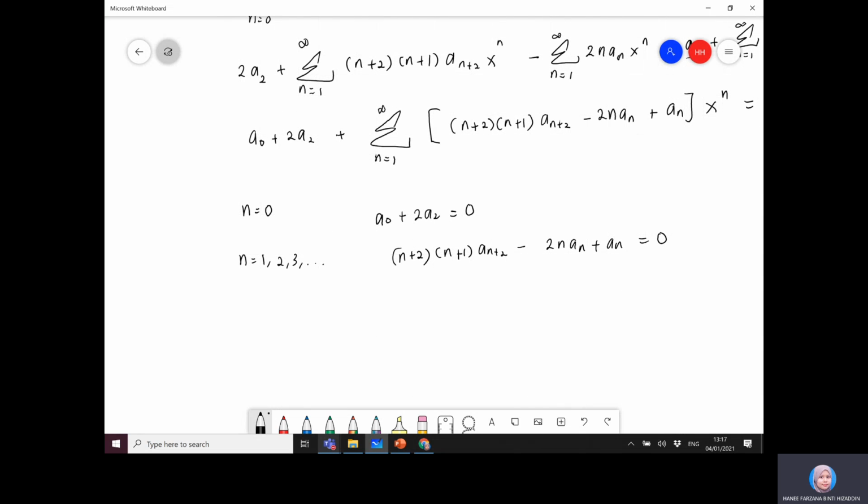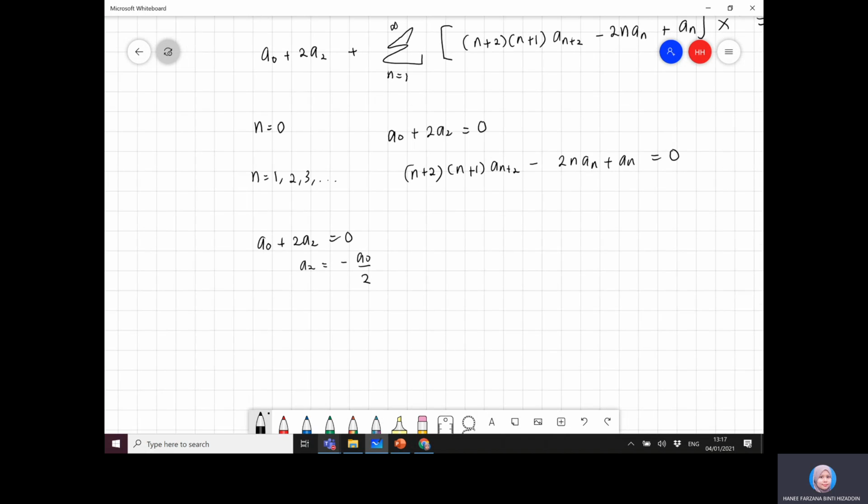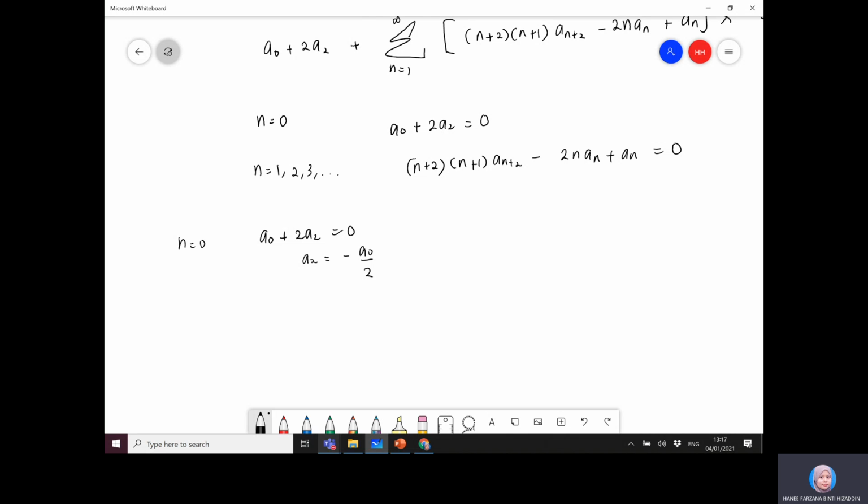Then we need to solve these two equations, the first and the recurrence relation. The first one is a0 plus 2a2 equals to 0. That will give us a2 equals to minus a0 over 2, and this is for n equals to 0.